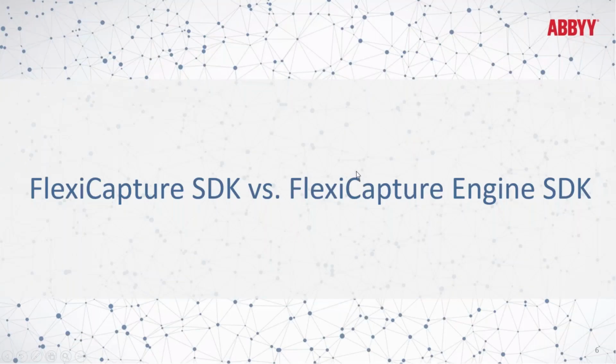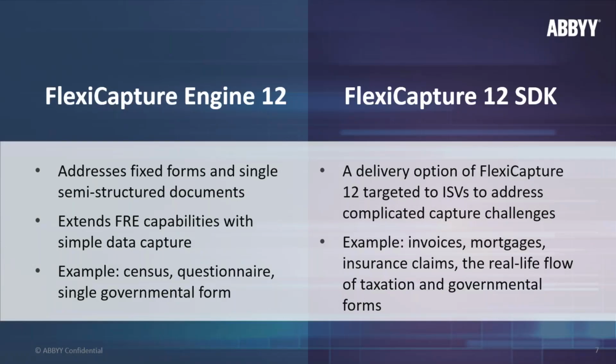What we're going to talk about next is the differences between FlexiCapture SDK and the prior product, FlexiCapture Engine SDK. I just covered this a little bit, but you can see with FlexiCapture Engine 12 on the left, it was for fixed forms. You already were using FineReader Engine, for instance, and you wanted to add some simple data capture as opposed to more of the full page capture.